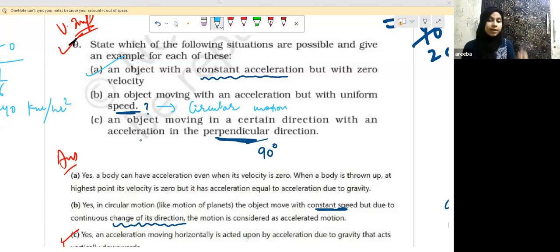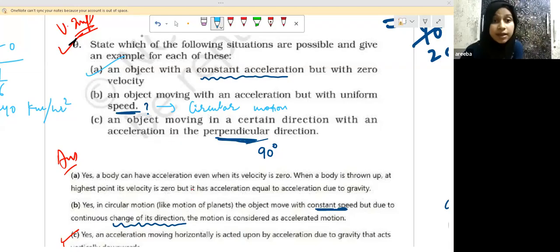If I am putting the stone upwards, then after it reaches the highest point, it stops for a millisecond, for a nanosecond. It stops and then it returns. Right, Umaima? So can I say that at that point its velocity was 0, that's why it stopped suddenly? Then it started accelerating towards the earth.